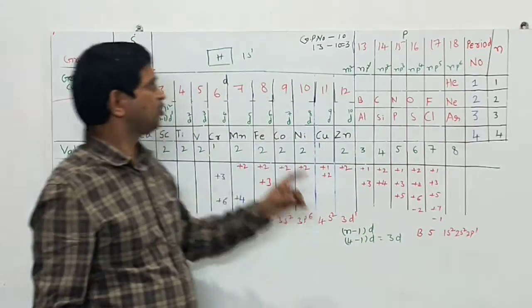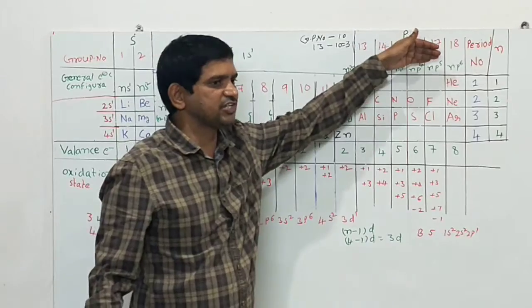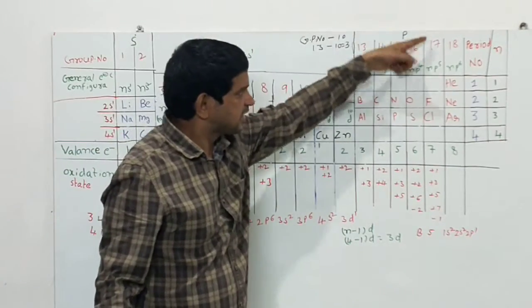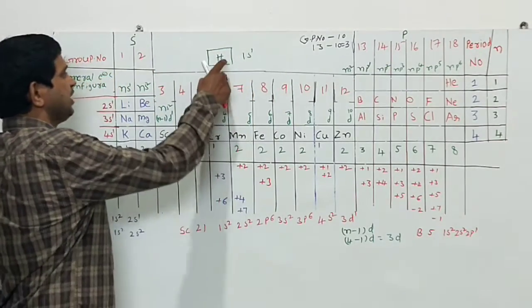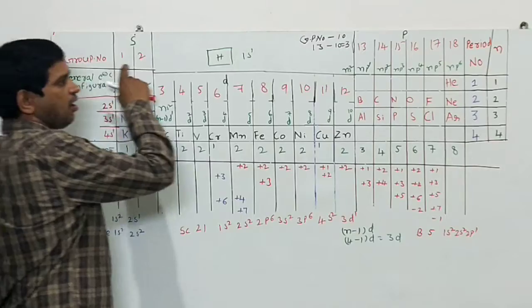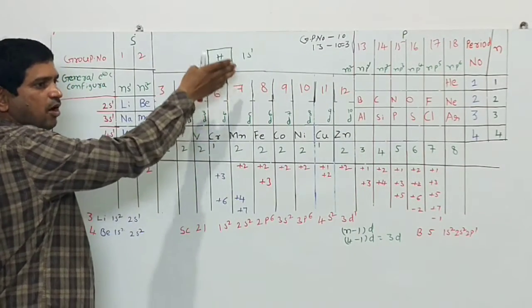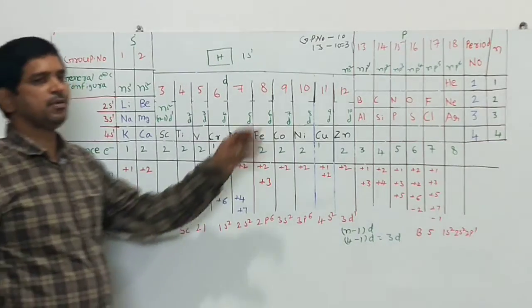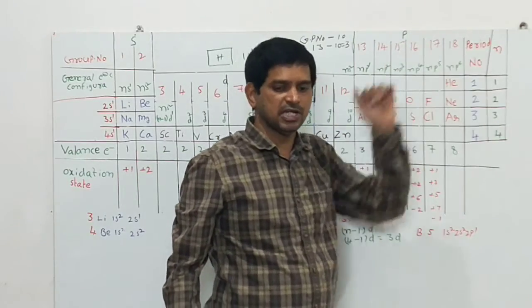In the same way, hydrogen also takes 1 electron and gets helium electronic configuration. So hydrogen may also take the place of the 17th group. Instead of keeping hydrogen in the first group or in the 17th group, hydrogen is placed at the top of the periodic table.